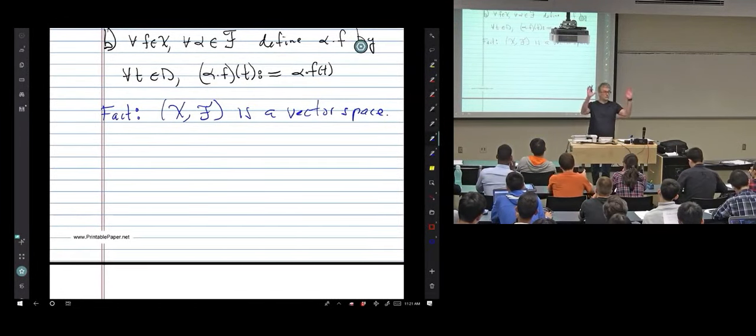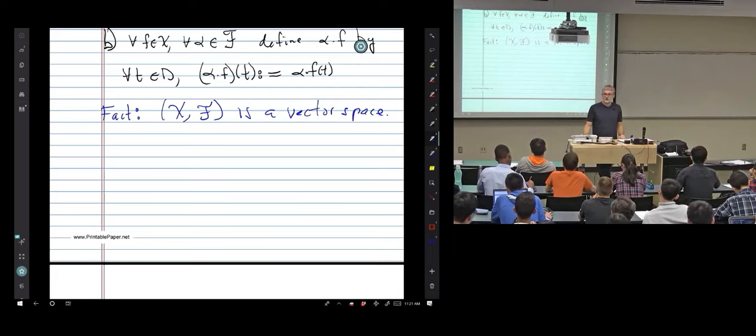So now, how do I prove that X^F, these functions over the reals, is a vector space? How do I do it? I check all 10 of the axioms.